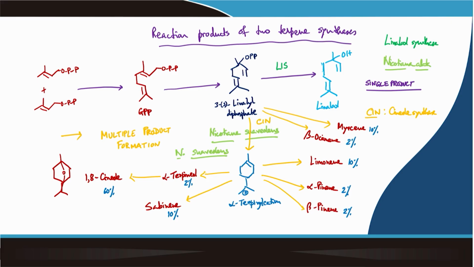Now, both are present in Nicotiana, whereas in Nicotiana alata LIS is restricted, whereas in Nicotiana suaveolens CIN is restricted. Okay. So, once this is clear, now we will go to the other aspects.